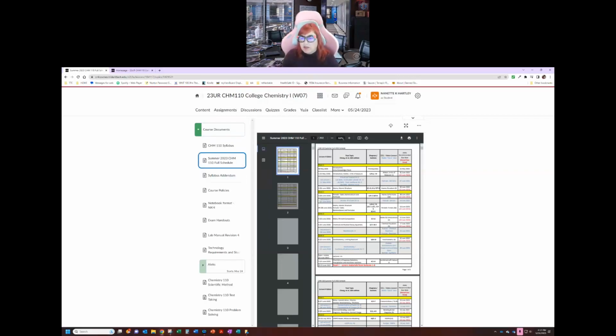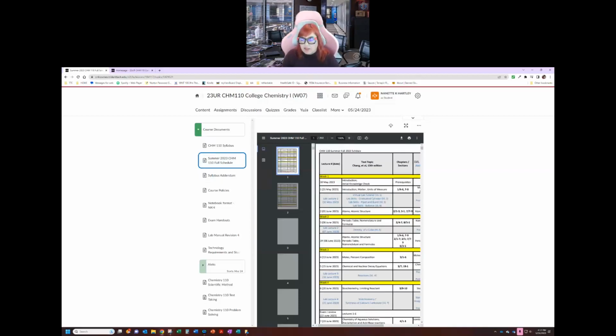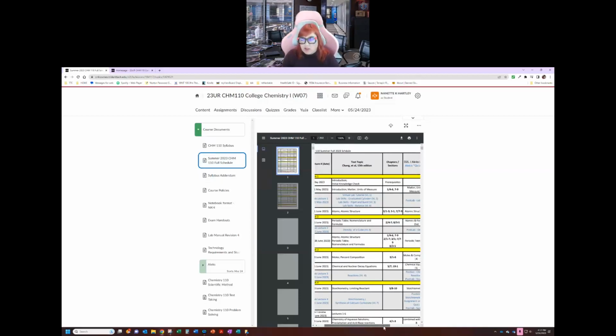But anyway, if you go ahead and zoom in on this a bit, you'll be able to see that there are a number of things here that we can look at.